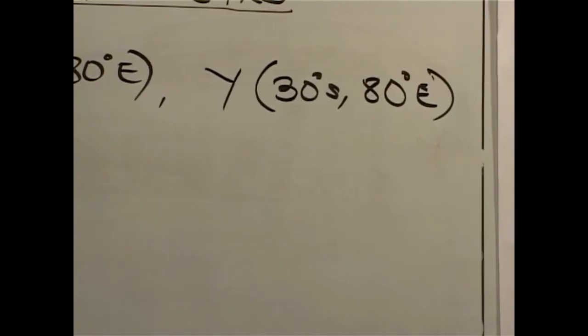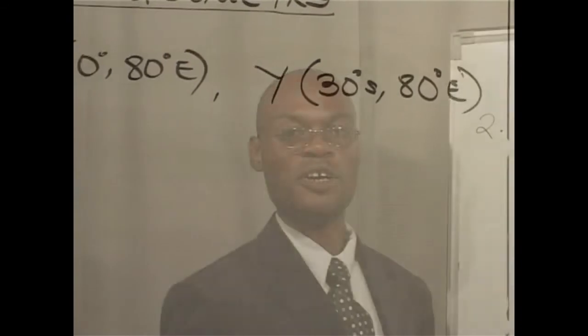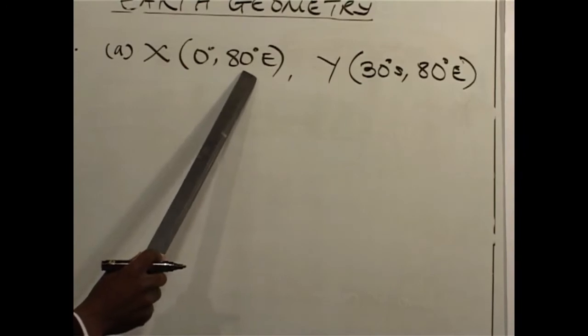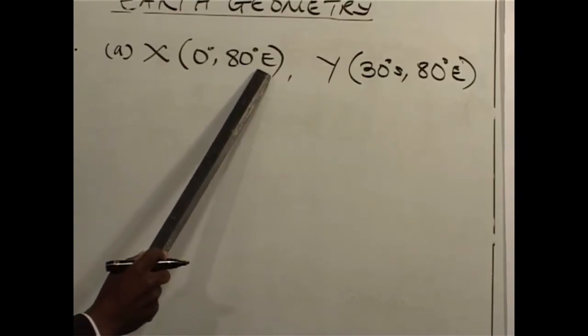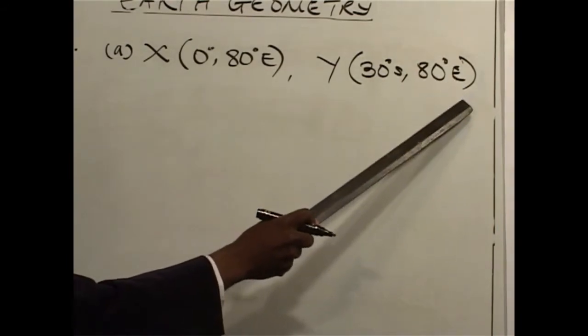Now that we've come up with the positions of the 2 points, X and Y, we'll look at their longitudes in order for us to get their difference. You see that the longitude for X is 80 degrees east, and the longitude for point Y is 80 degrees east.